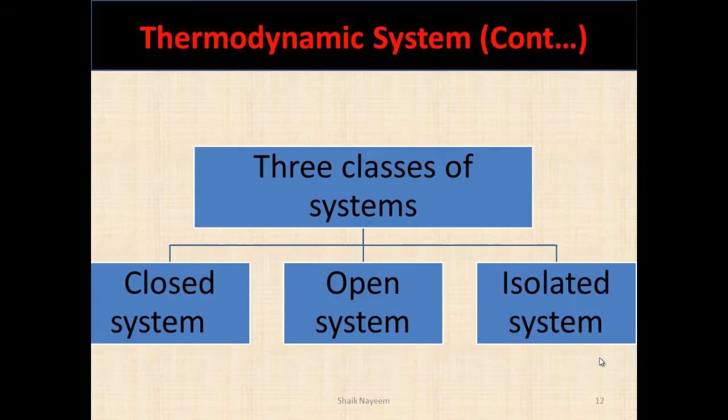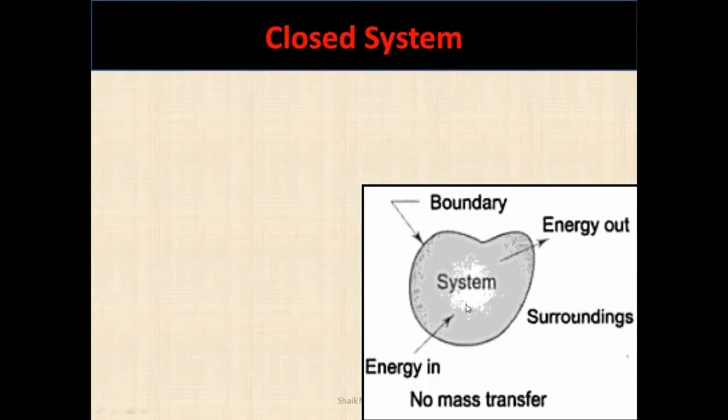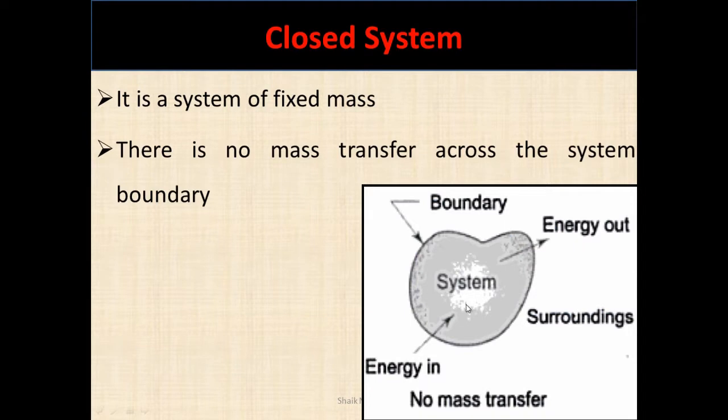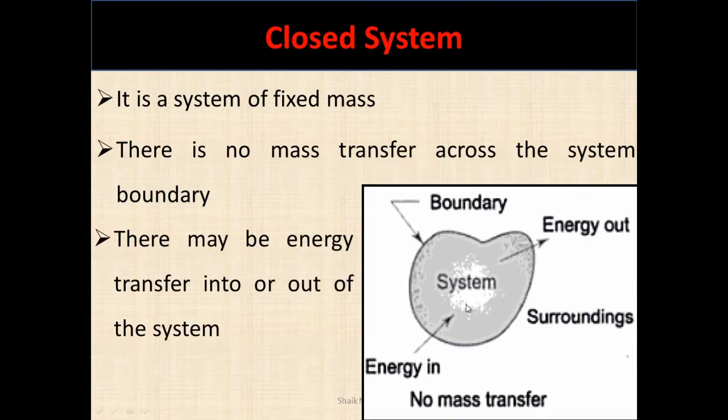Then coming to the thermodynamic system classification, we have mainly three types of systems: first a closed system, second an open system, and third an isolated system. Coming to the closed system, in a closed system mass is fixed. That means there is no mass transfer across the system boundary, but there may be energy transfer into and out of the system.